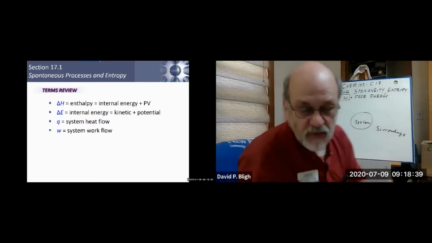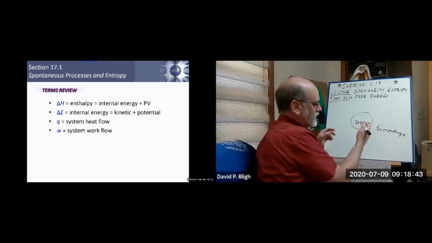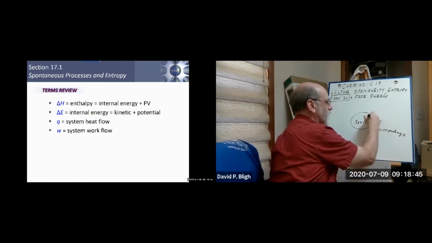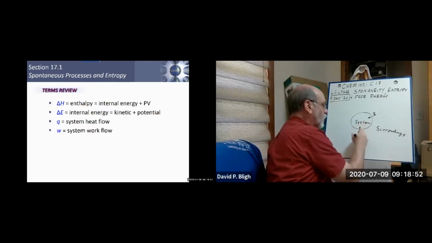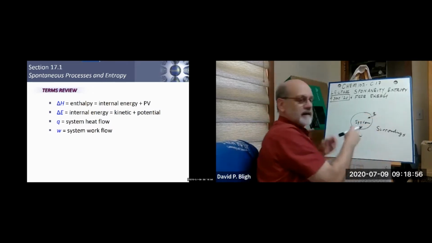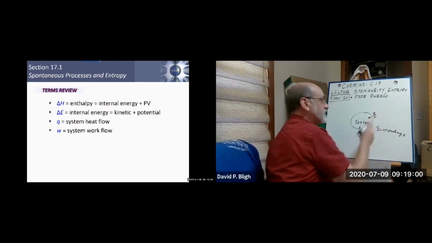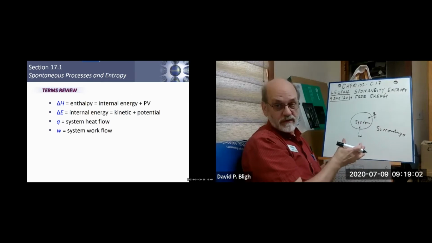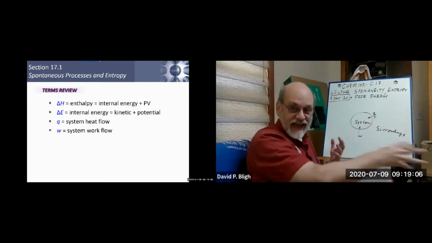We can define things that happen across that boundary in terms of either heat flow, Q, or work. Right? So if the heat flows in, everything's relative to the system. If heat flows in, that's a positive value. If heat flows out, it's negative. If heat flows out, it's exothermic.